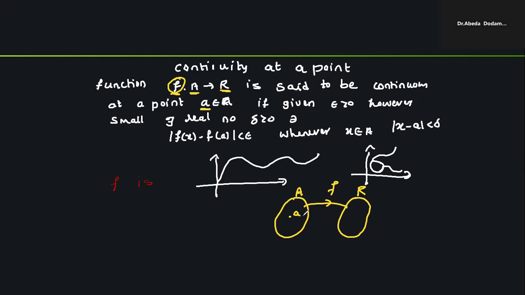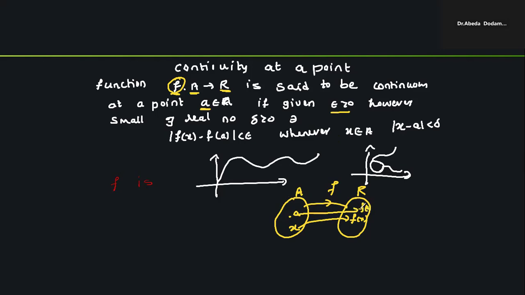There is a given epsilon greater than 0, however small, and there is a real number delta such that if I take a point x here, it will give me f of x, and if I take a point a here, it will give me f of a.